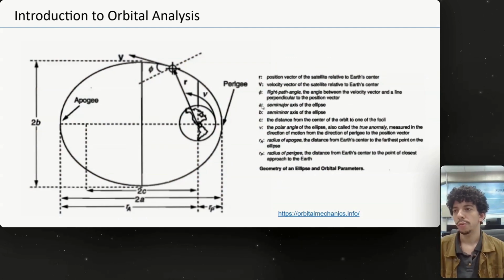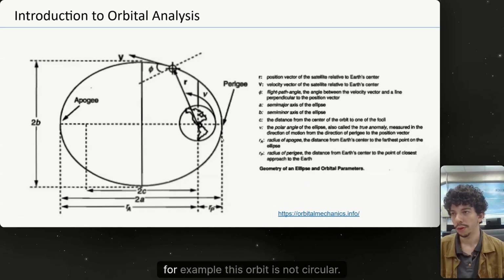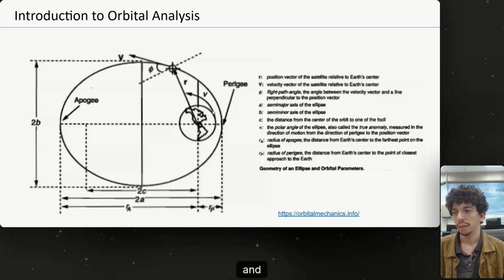Other parameters for studying orbital dynamics are ephemeris. For example, this orbit is not circular, it's an ellipse, and the eccentricity is not zero. Okay, at the center, at this point, we have a perigee, and the center of the principal body, in this case the Earth.